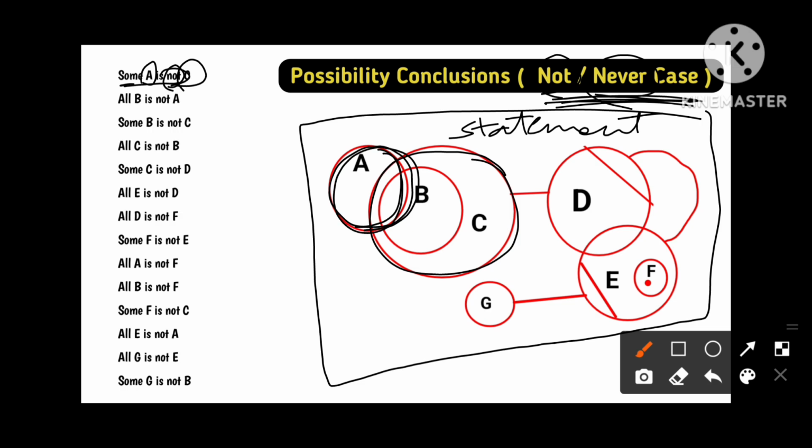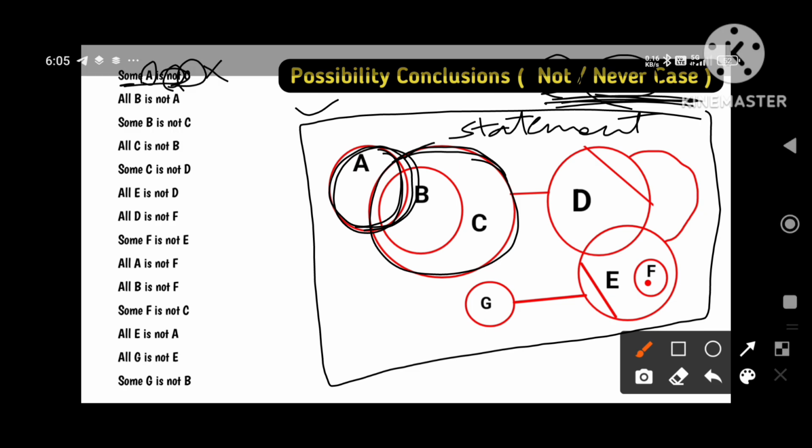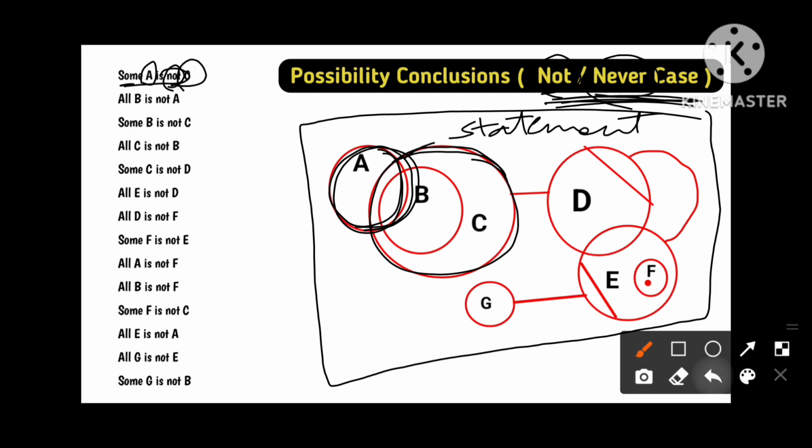Can we place all A inside C? It is possible. We can place all A inside B, and A is sharing with B. So it is possible to draw a diagram for all. If the all case is possible, then our some not case will be false. So the first conclusion will be false.